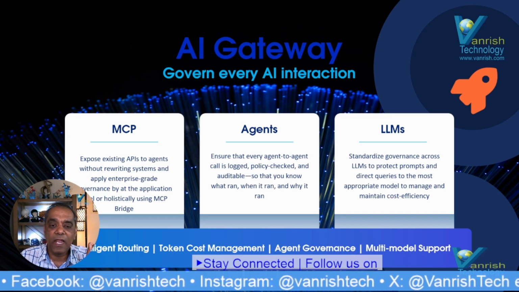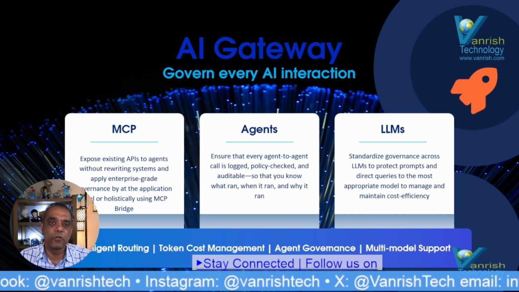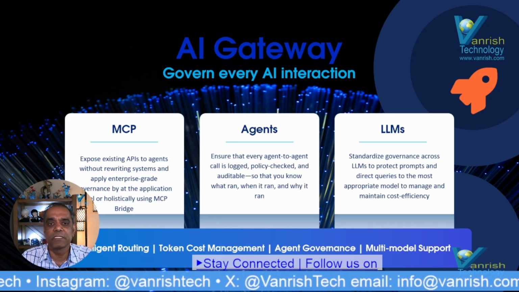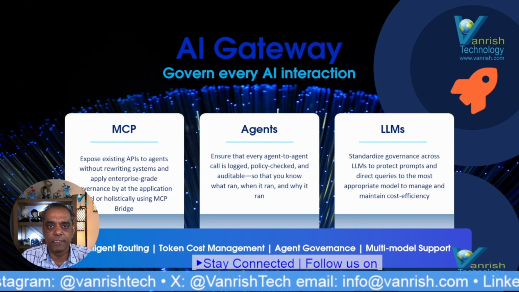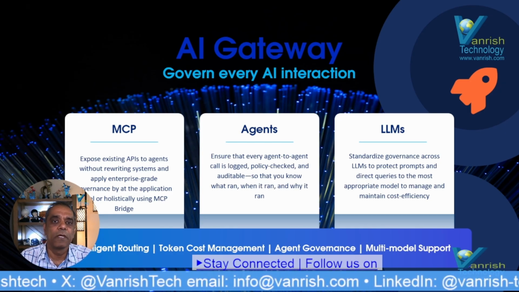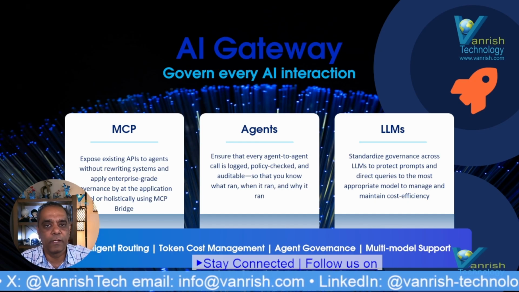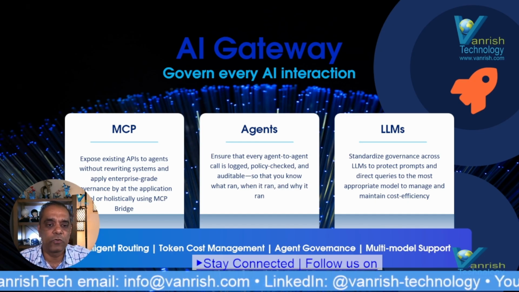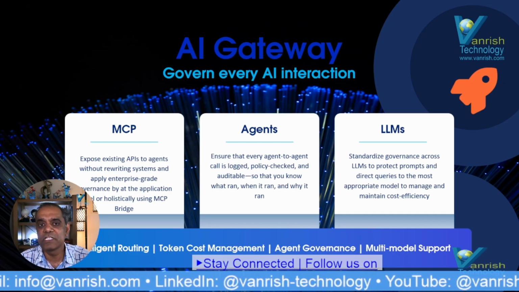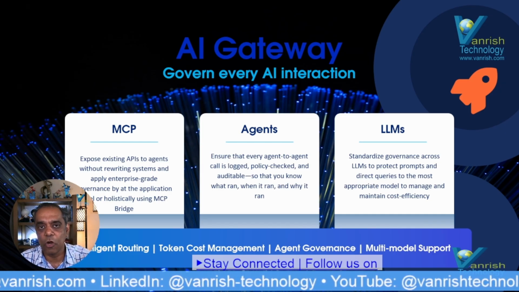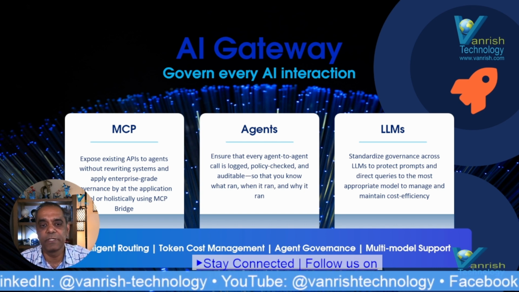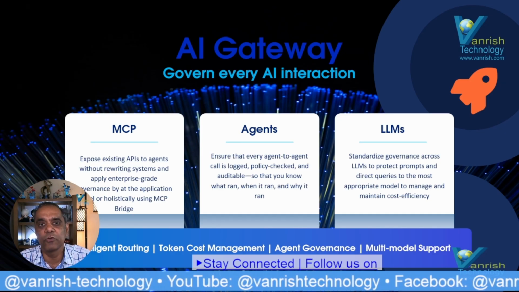For LLMs, suppose that within your company you are using multiple LLMs like ChatGPT, Gemini, Claude, and different teams are using them in different ways, and there is no control. Here you can control in one place which team is using Claude, which team is using Gemini, and which team is using ChatGPT, and how many tokens you allocate.